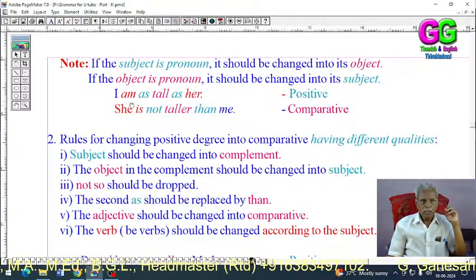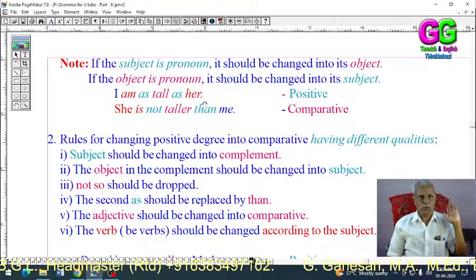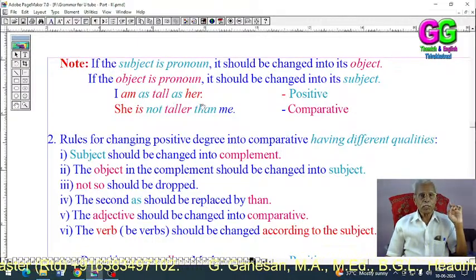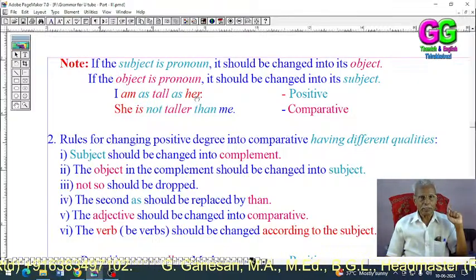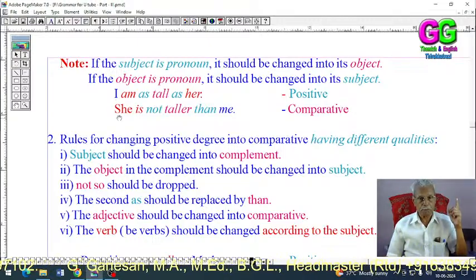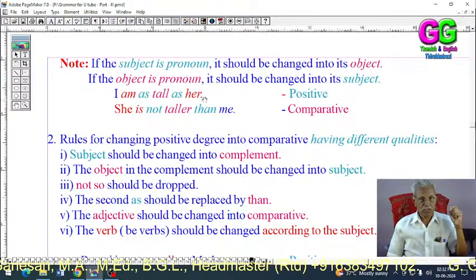You see, "I am as tall as her." Here you have to bring the object "her", I mean the complement "her", to the first position, and the subject "I" to the complement position.